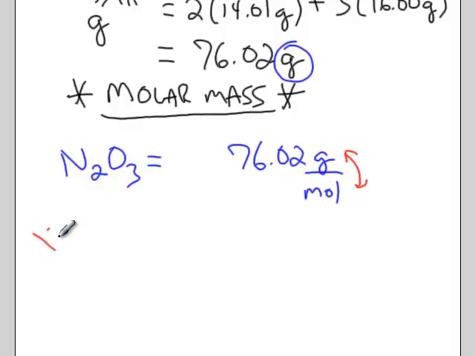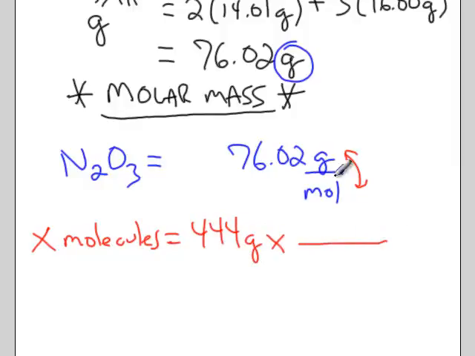We want to know how many molecules of N2O3 there are in 444 grams. The calculation we just did lets us turn grams into moles. Every 1 mole weighs 76.02 grams for this particular chemical.